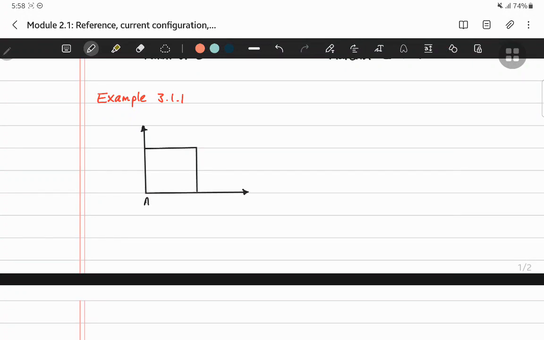So this is A, B, C, and D, and all of these are 1, right? So it says that this is x1 and this is x2. So you have this as the reference configuration.